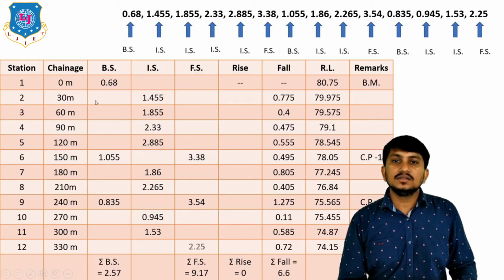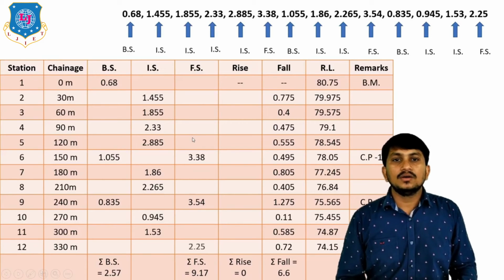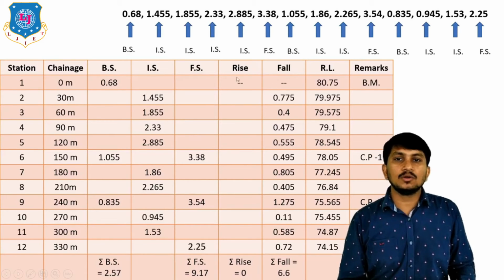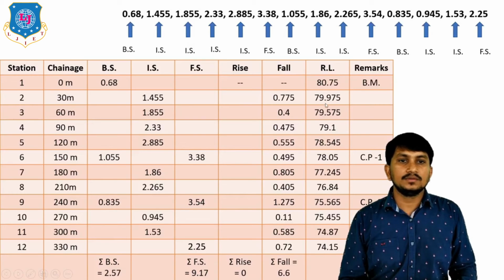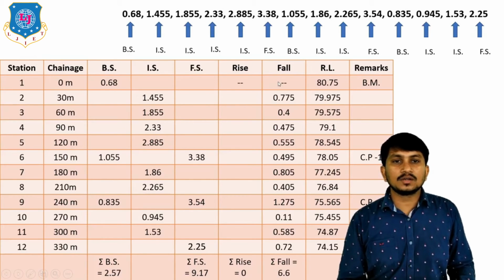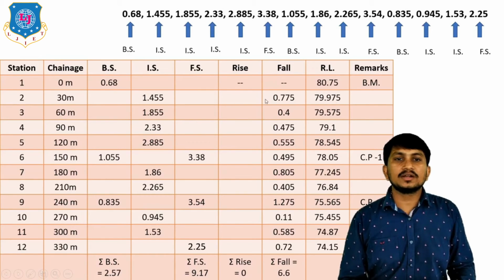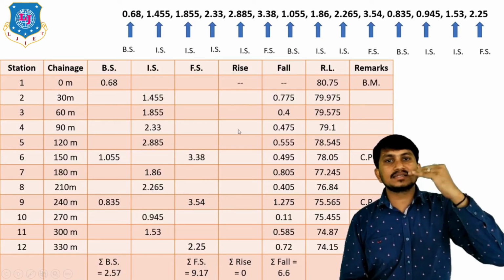After writing all these values in the BS, IS and FS columns, we calculate the rise and fall of each station. Here in the example, the RL of the first point is already given, which is 80.75. So in the remarks column we can write benchmark. First we calculate the rise or fall of each station. To calculate rise or fall, we deduct the station's staff reading from the preceding staff reading.